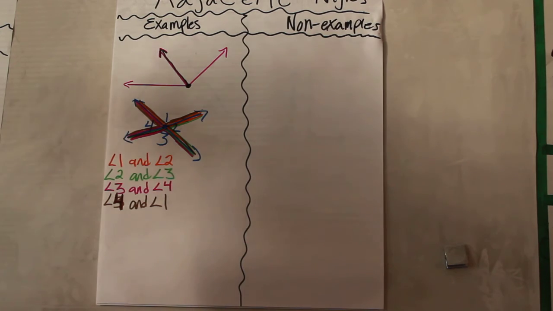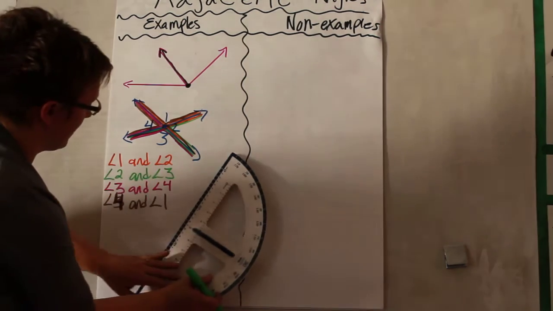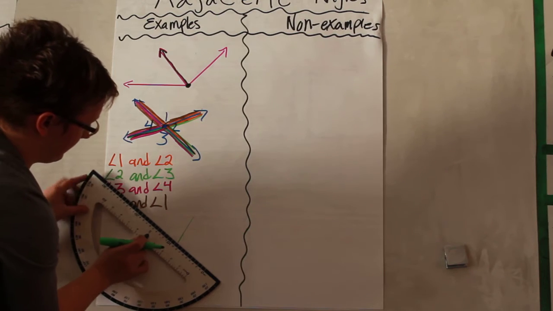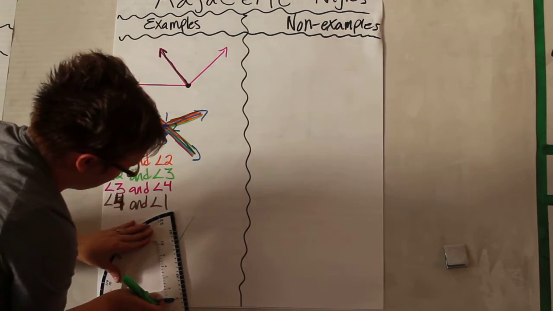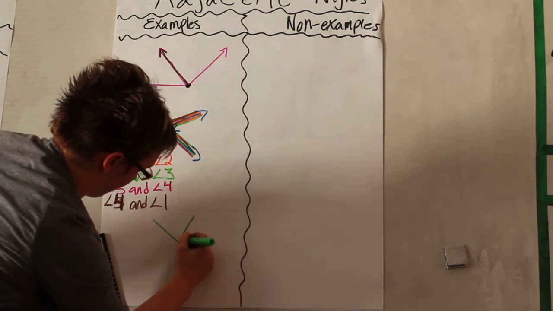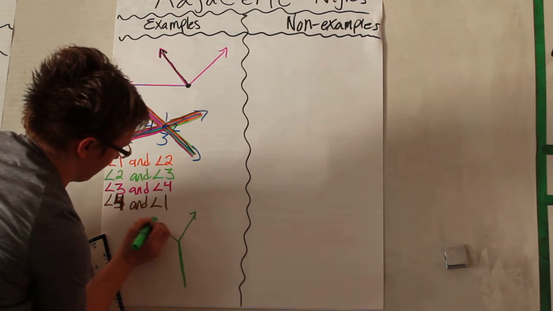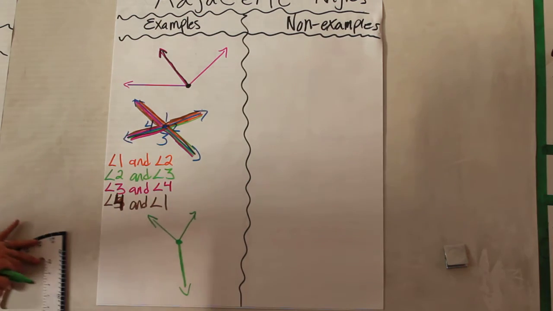Now, if we don't have 2 lines that intersect, but we still have them all coming off of the same vertex. So if we have a shape that's kind of like a Y, something that looks like this, they all have the same vertex in the middle.